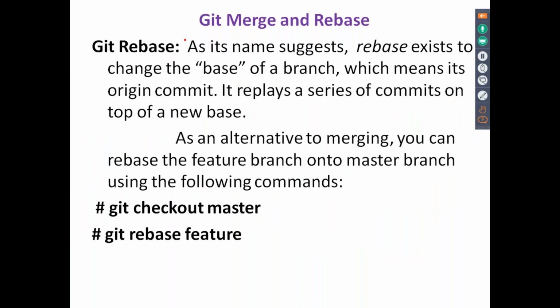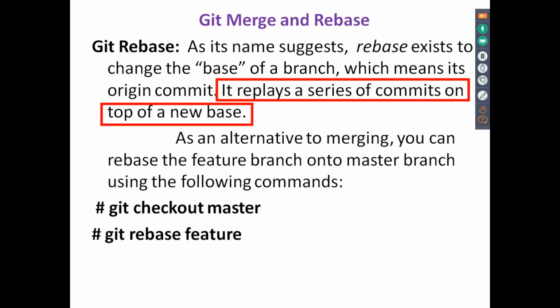As its name suggests, rebase exists to change the base of a branch. To change what? The base of the branch. We can modify this base, like the origin commit. And it replaces a series of commits on top of the new base. What will rebase do here?